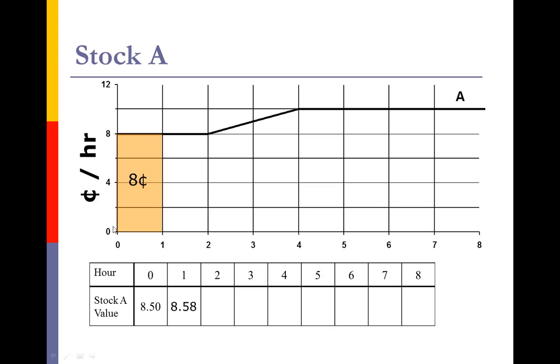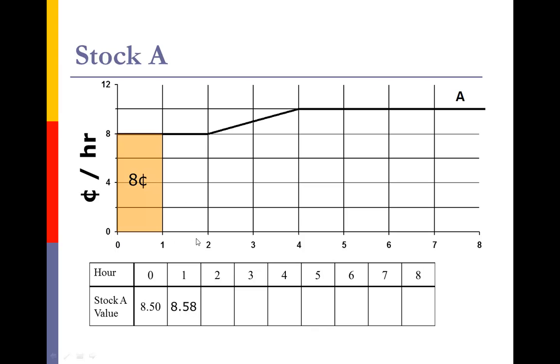So this whole area would be 1 hour times 8 cents, 8 times 1, which gives us an increase of 8 cents. Now, that's not saying our stock is a value of 8 cents. It's telling us the total change in the value. We have to account for our starting value, and then we add the 8 cents. That's the game that we play.